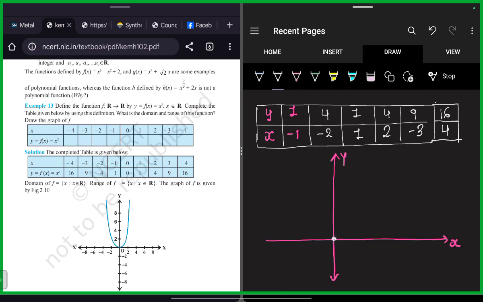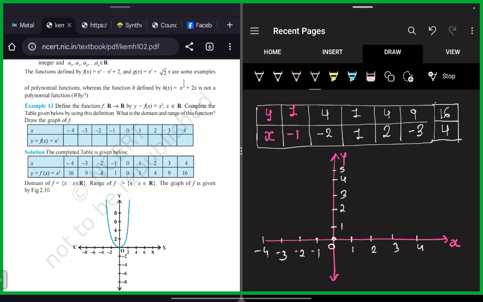This is the origin. 1, 2, 3, 4. Here it will be minus 1, minus 2, minus 3, minus 4, right? The values of y will be plus 1, 2, 3, 4, 5, and so on, right?